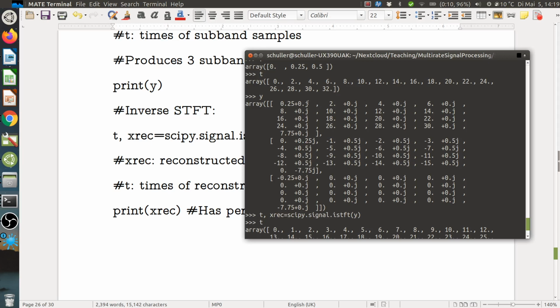And each of those rows corresponds to a different subband, right? So this is the subband for frequency 0, then subband 0.25, and this is the subband for normalized frequency 0.5, which corresponds to Nyquist. Yeah, so each row is a downsampled subband.